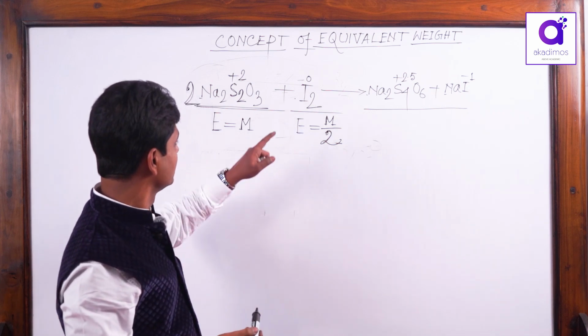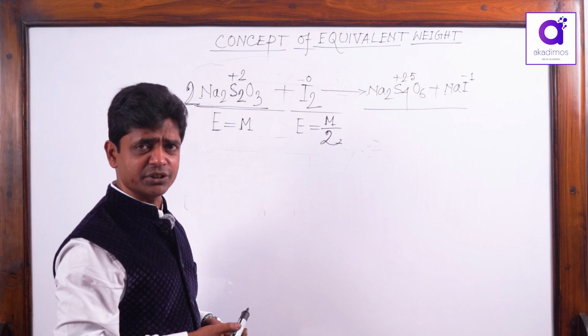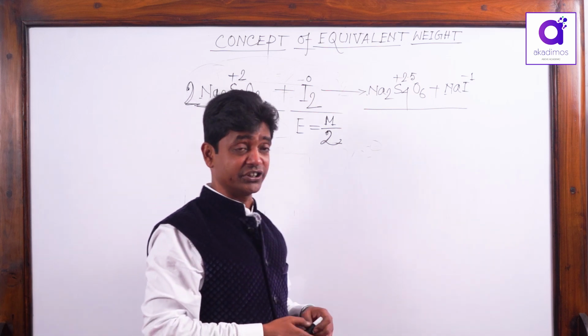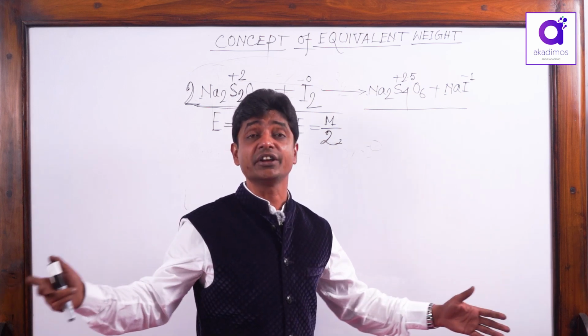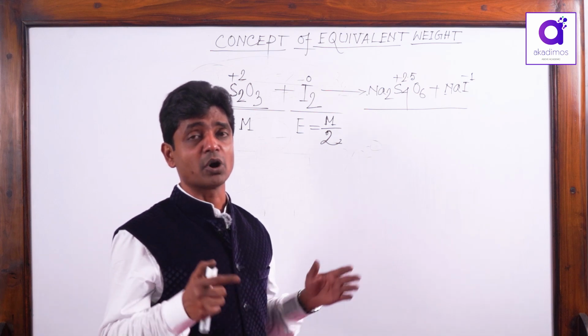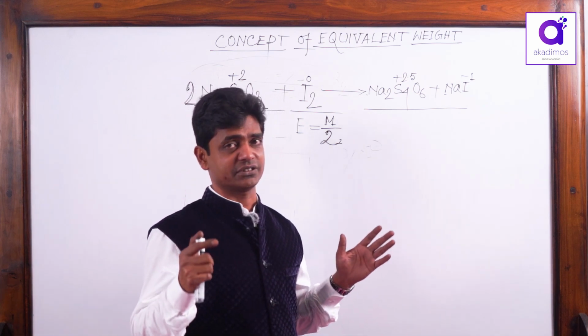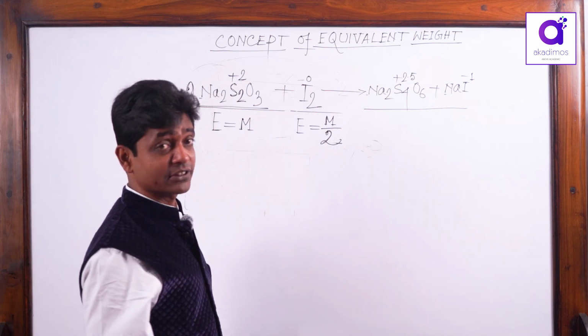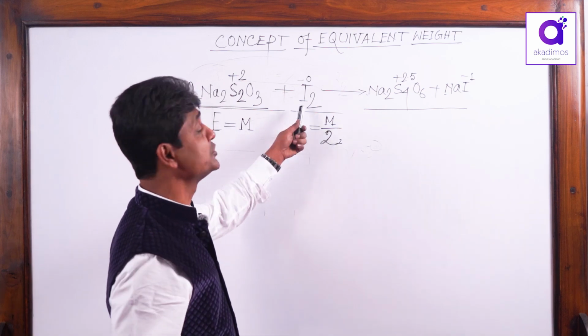Although it is specifically for the estimation of iodine, it is highly important. Highly important are those things which are generalized and have broad application. This reaction is not only used to estimate I2.